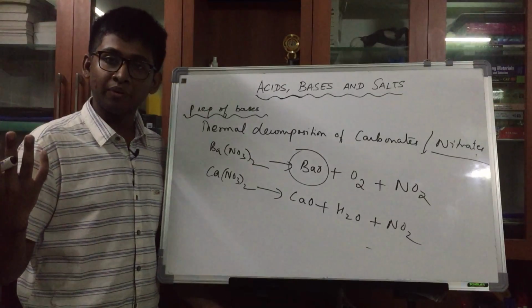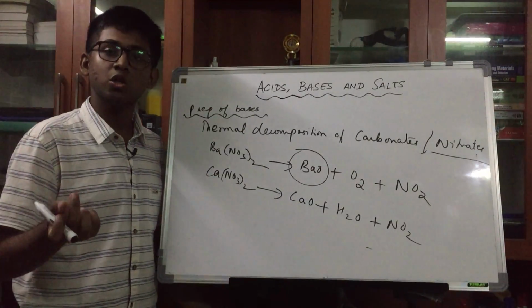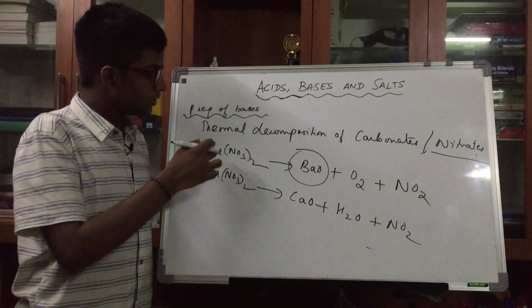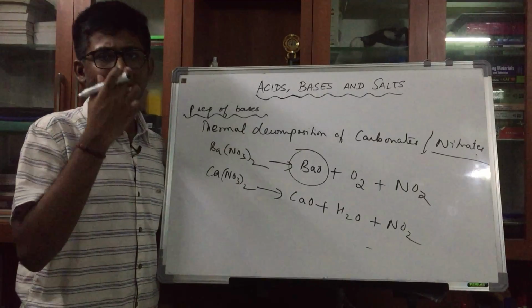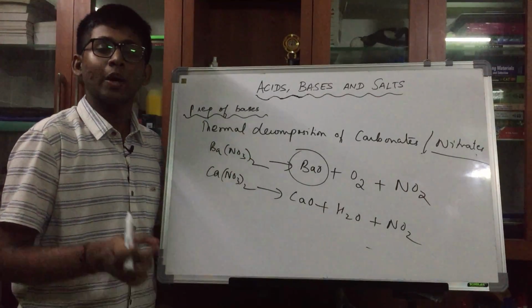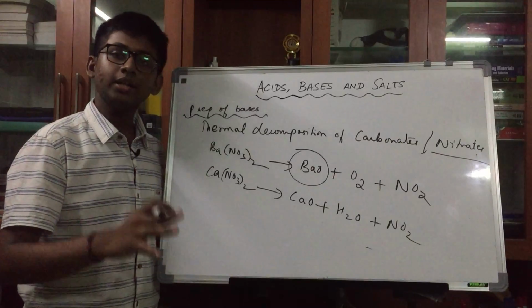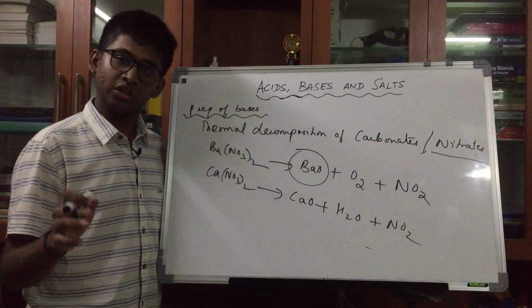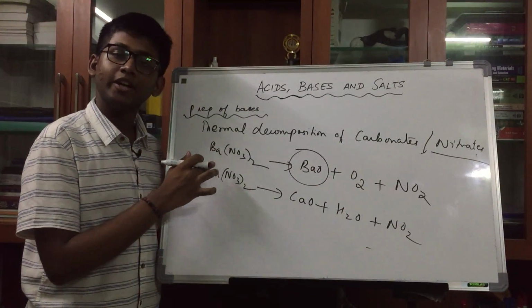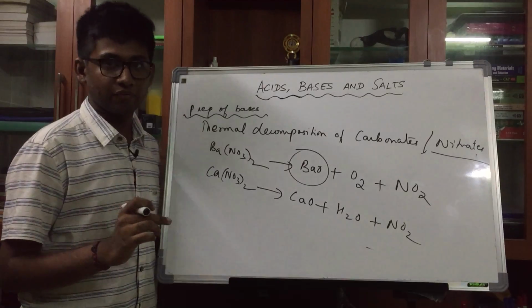Your conditions will differ. That means your definition also must be changed. So a better change is you can use Ba. But I gave this example of lead to explain that when a nitrate is heated, you will be getting just an oxide, oxygen, and then nitrogen dioxide. For that purpose only I mentioned lead nitrate as an example. You need not get confused.